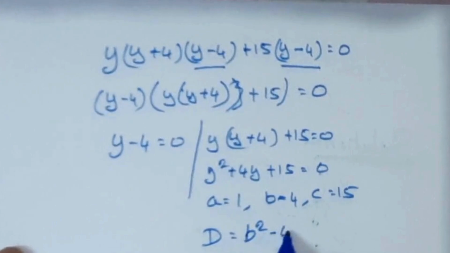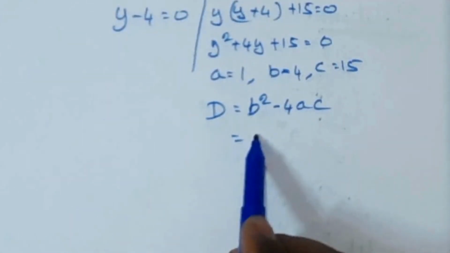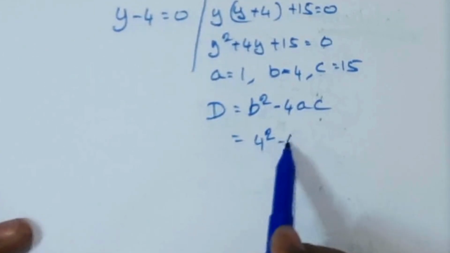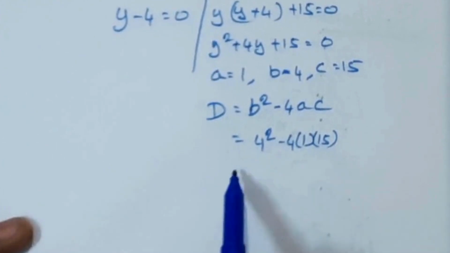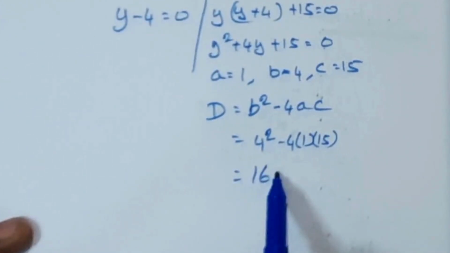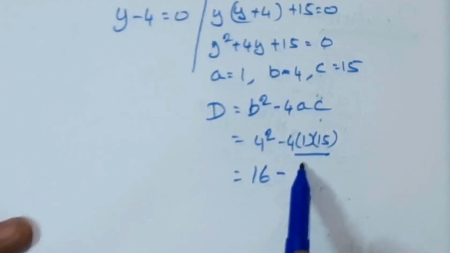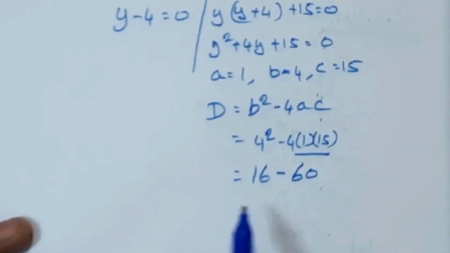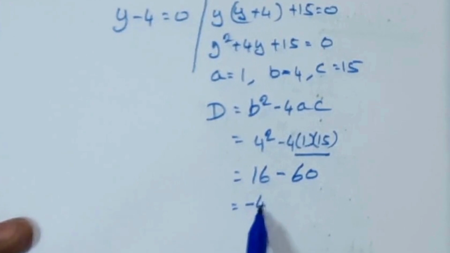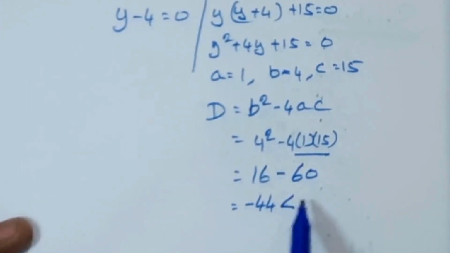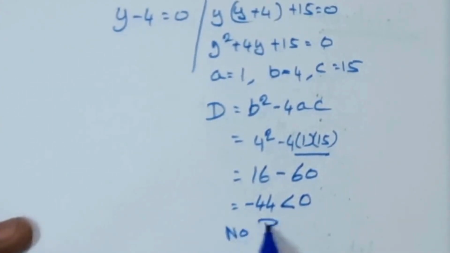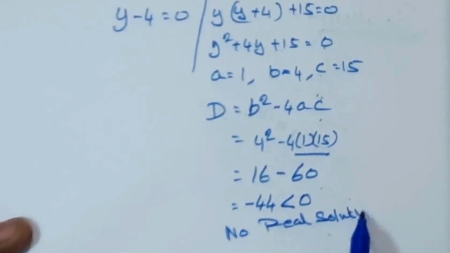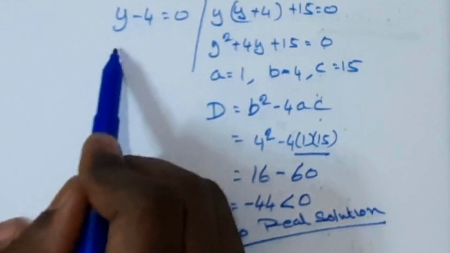The discriminant b square minus 4ac is 4 square minus 4 into 1 into 15. So we have 16 minus 60, which remains minus 44, which is less than 0. So it is not a real solution.